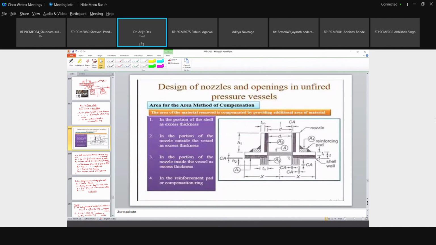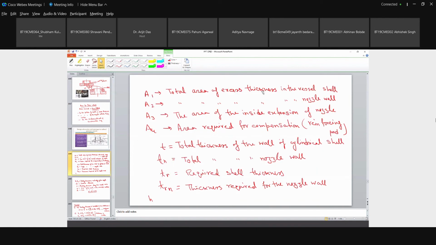Okay, so you see here that the excess area is attached within the cell, outside of the nozzle as a reinforcement pad also. So A1, A2, A3, A4. These are the areas added.